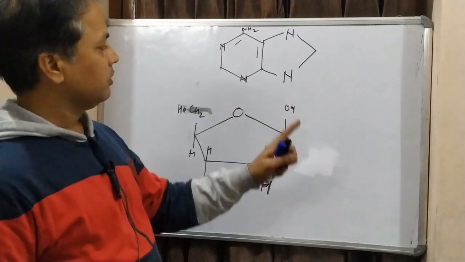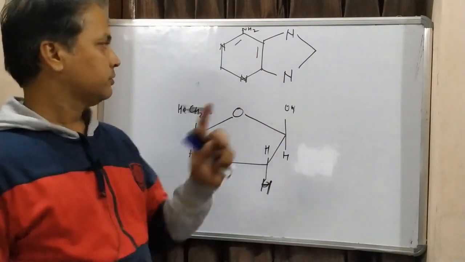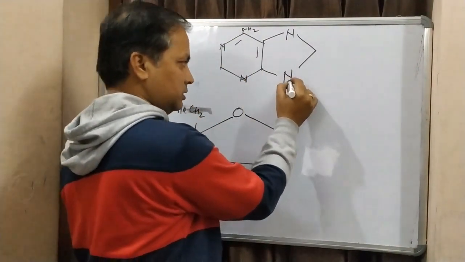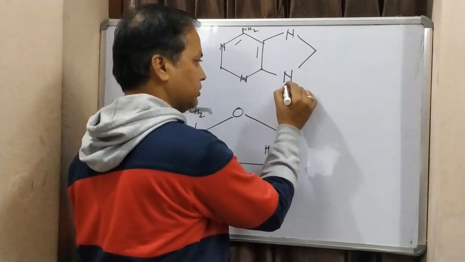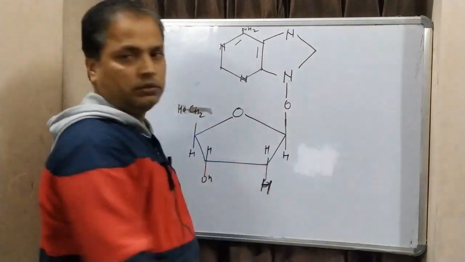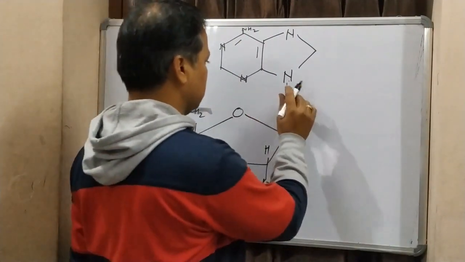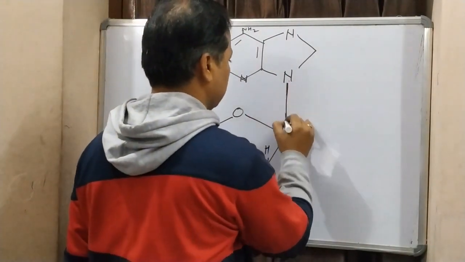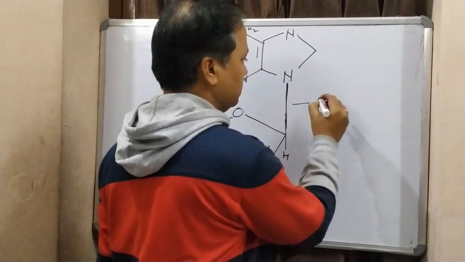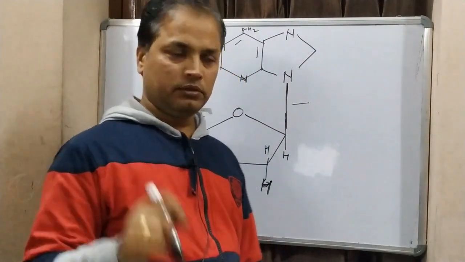So this is R-adenine. So this nitrogen is going to form a bond with this one. This is called a glycosidic bond.